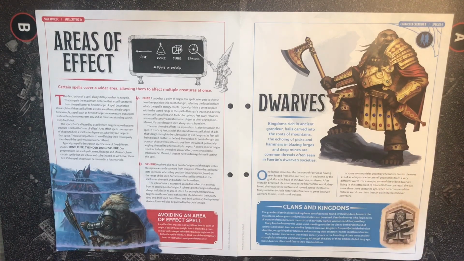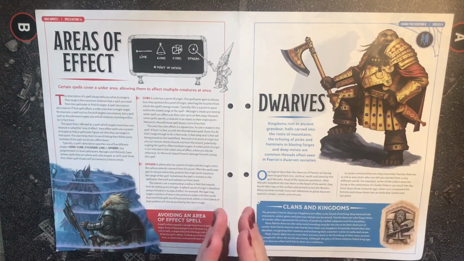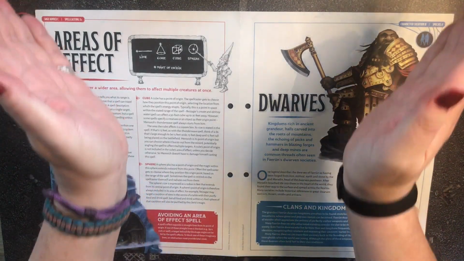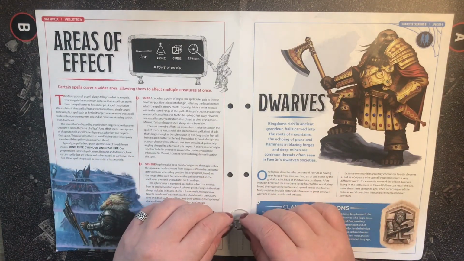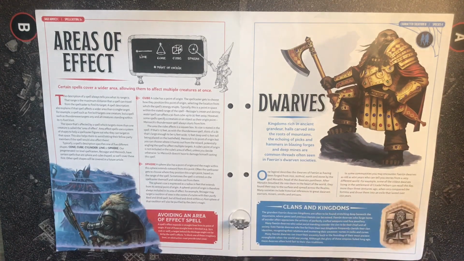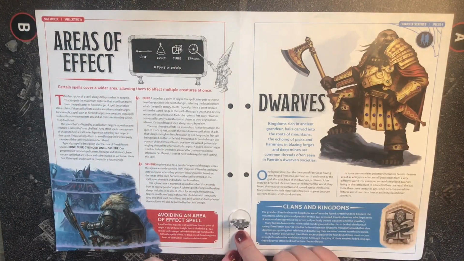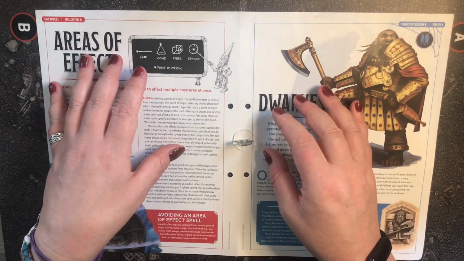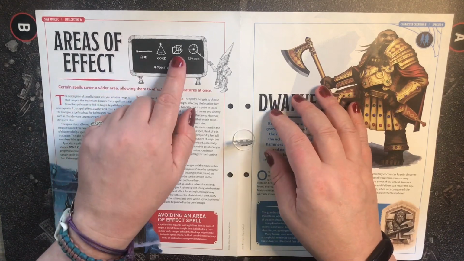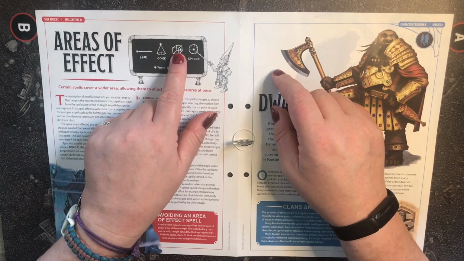So, a spell can be cast in a straight line, so from A to B. It can have a cone effect. So if we take our cleric here, and one of her spells came out in a cone, then it would come out in a cone like that from her point of origin. So some are cubes, and the way that they've done this, they've got the point of origin on one side of the cube.